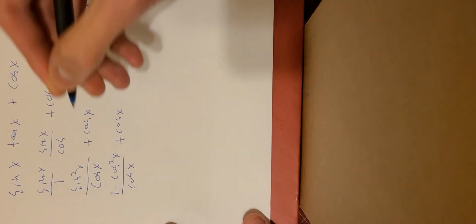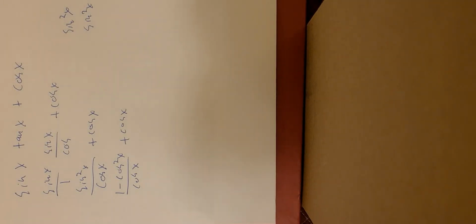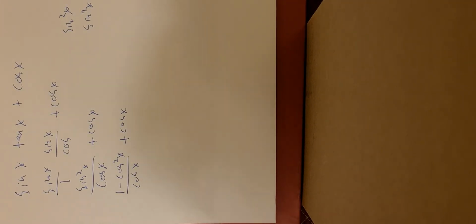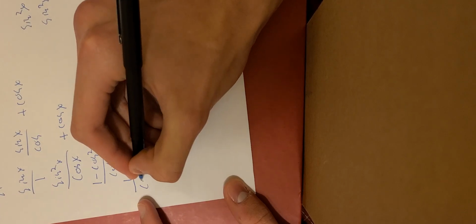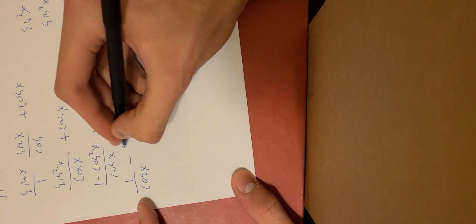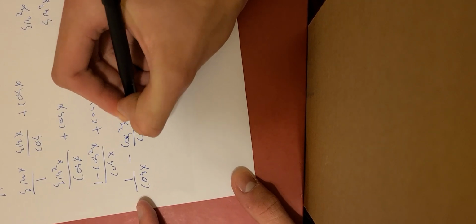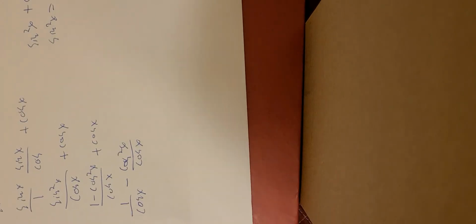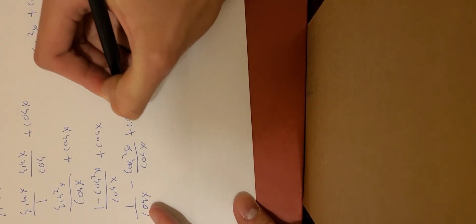All right, so from here, since we have a binomial on the top in the numerator, we can separate it into two different fractions. So it can just become 1 over cosine x minus, because of the minus sign right there, cosine squared x over cosine x, plus cosine x.